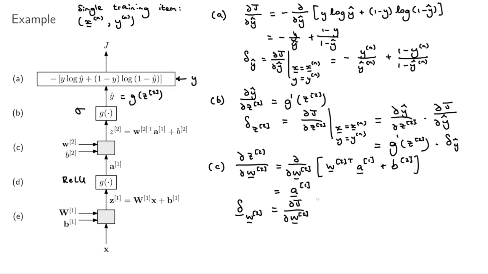So how do we get this? Well, we apply the chain rule for vectors. I take the partial derivative of Z2 with respect to W2, times the effect of Z2 on my loss. The point is, if I wiggle W2, then I will wiggle Z2, and Z2 will then influence J. I can summarize that in the chain rule like this.